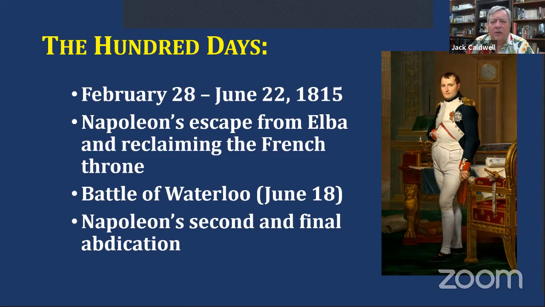The 100 Days Crisis is actually 111 days that takes place beginning on February 28th and ends around June 22nd of 1815. Those dates are the date that Napoleon Bonaparte, who was the Emperor of the French, who had been defeated in 1814 and had been sent to Elba as a prisoner in exile, escaped and returned to France.